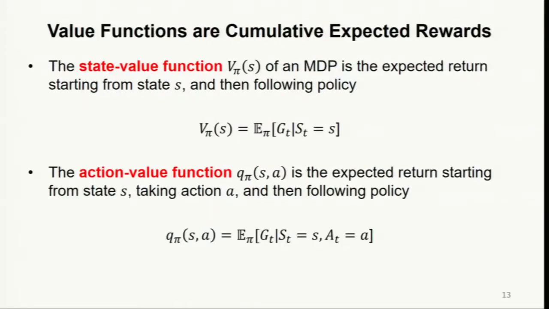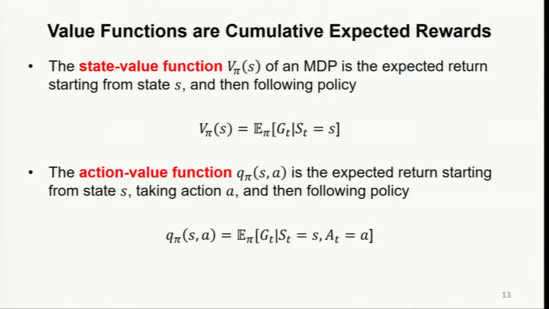Now let's look at the value function, the state value function. This is defined as the state value function, and this is the action value function. So this one is V. V is the state value function, depending on pi and how good your state is.